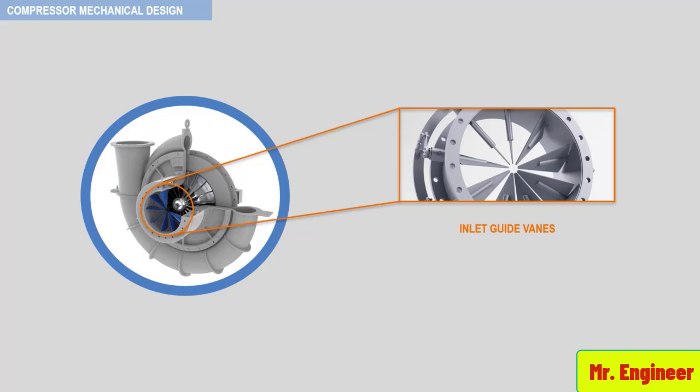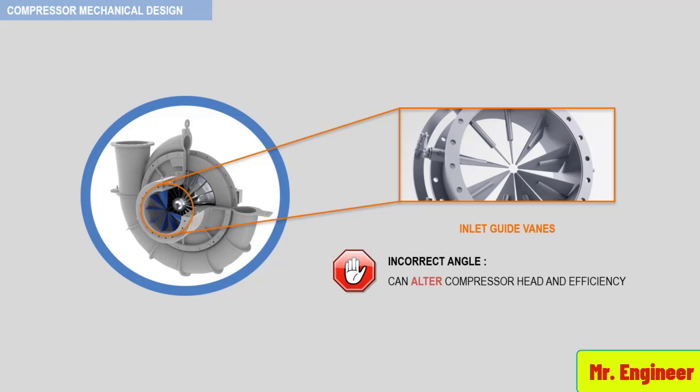Now, guide vanes, stationary or adjustable, positioned at an incorrect angle, can alter compressor stage head and efficiency. This problem will be discovered with stationary guide vanes during an initial shop performance test, if it is of course required by the end user, and when it is discovered, it must be corrected.